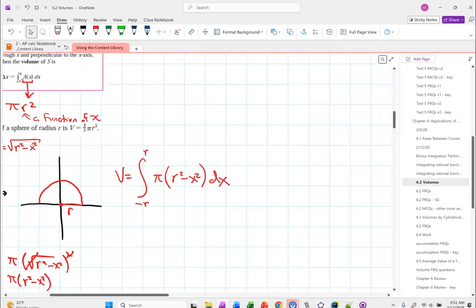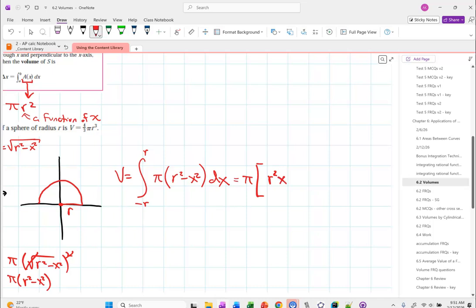Now I can integrate this as I would normally. So I'm going to pull the pi out front. What is the antiderivative of r squared in terms of x? R cubed divided by 2. Nope. Nope. What? R squared x. Why?